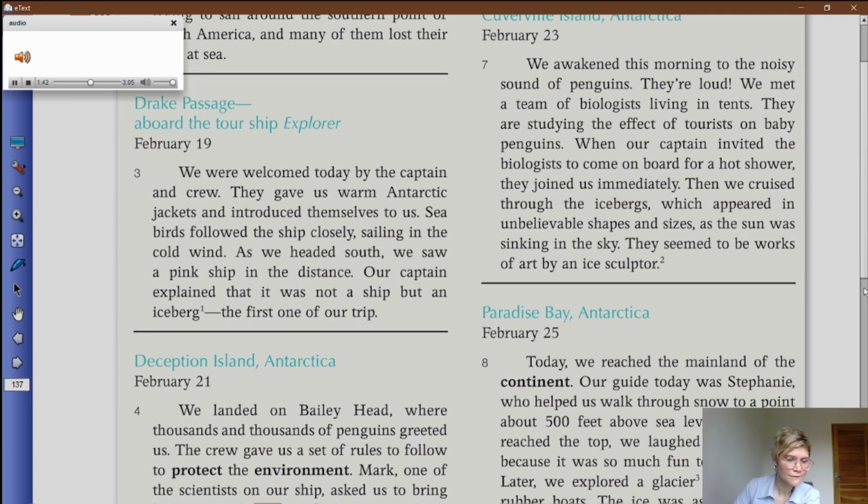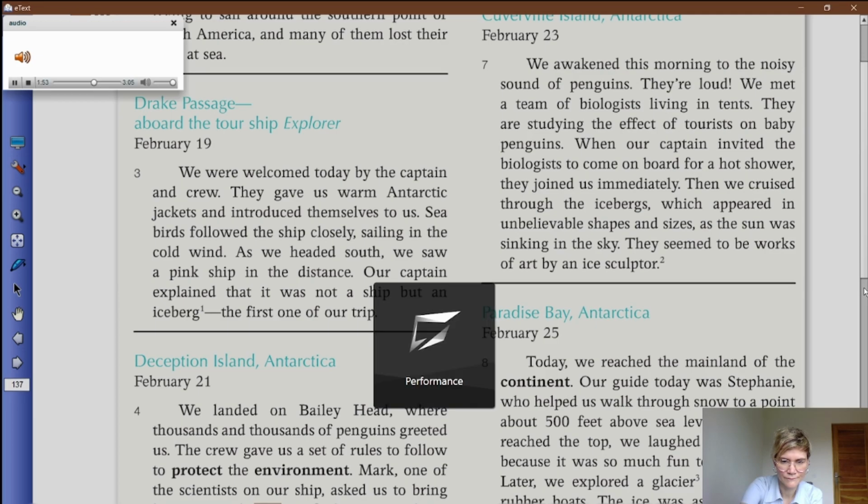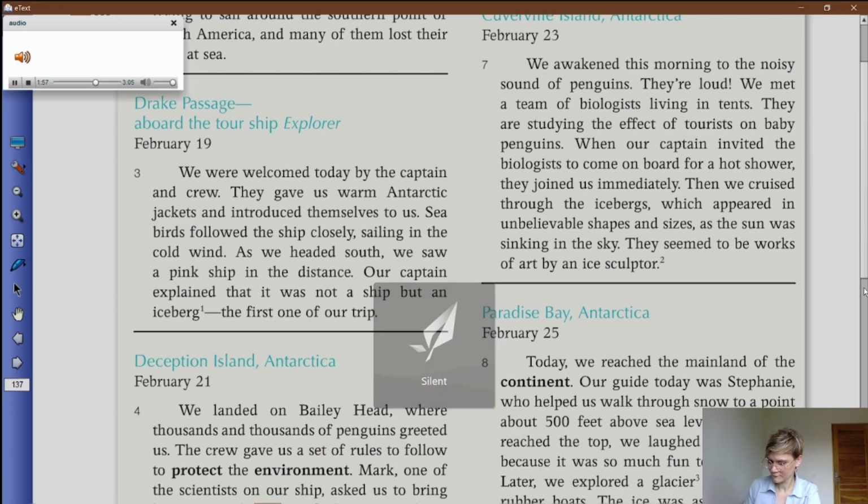Cuverville Island, Antarctica, February 23rd. We awakened this morning to the noisy sound of penguins. They're loud. We met a team of biologists living in tents. They are studying the effect of tourists on baby penguins.